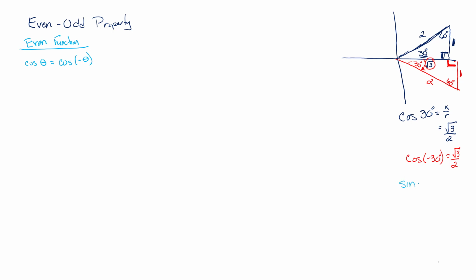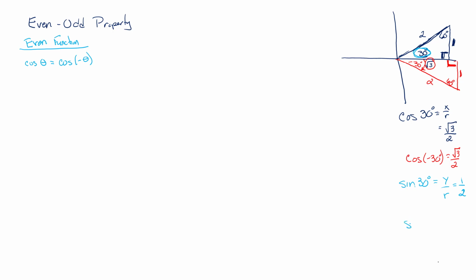Now, I'm going to leave these 2 triangles up here, and now I'm going to look at the sine of a 30-degree angle. Well, sine is y over r, and again, that was back in section 6.2. And my 30-degree angle is here, and the y value is 1, and the hypotenuse, the radius, is 2, so that's 1/2.